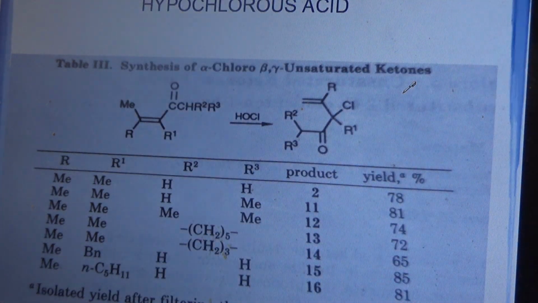Now, the way we made the alpha-chloro ketones from the fully substituted unsaturated ketones is that we used hypochlorous acid to give the alpha-chloro product, using the procedure of Dr. Wolensky at Purdue. He did this work in the early 80s.